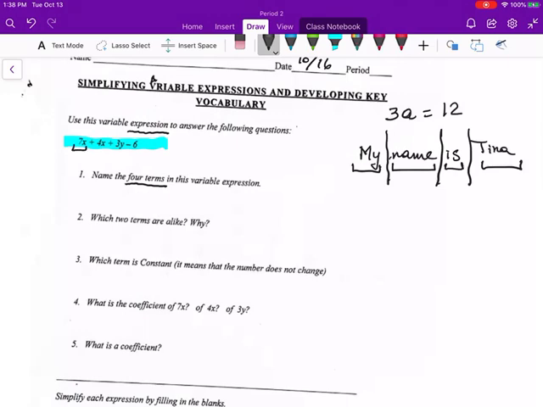So right here we have 7x. That's the first one. The next one is 4x. I'm not writing the plus because when it's positive, we don't write the plus. The next one is 3y. And the last one, be careful here, is -6.